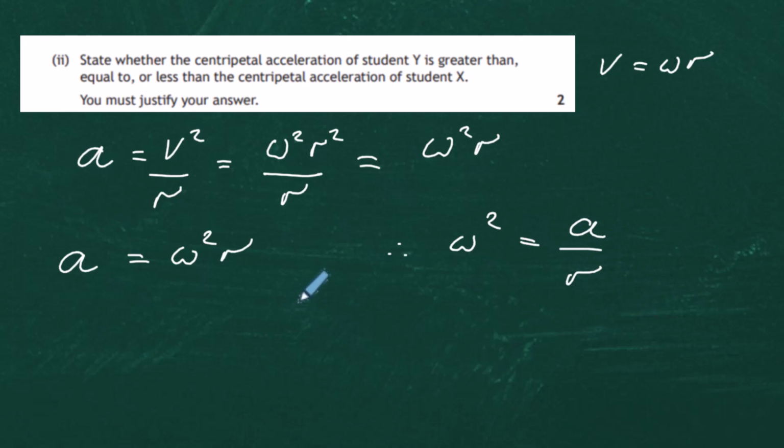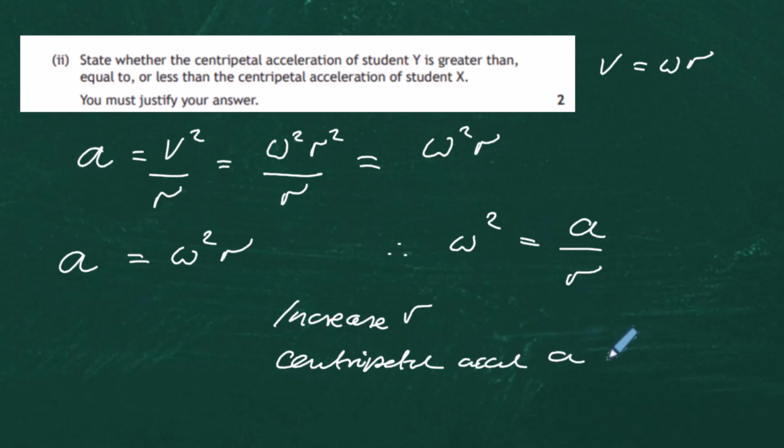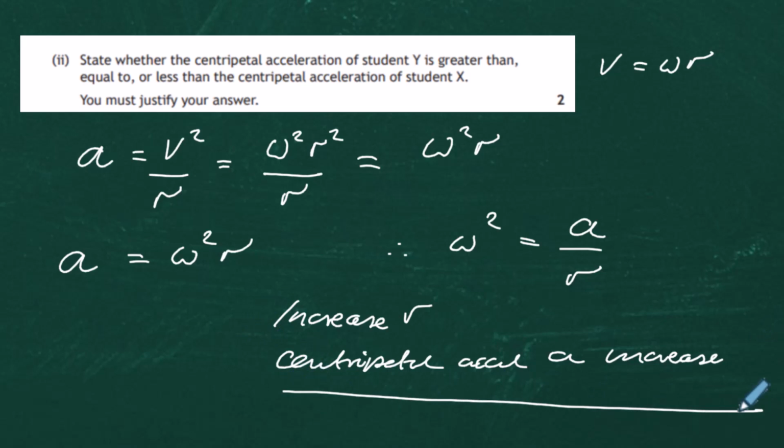If we increase r, the centripetal acceleration a must also increase, because the common thing here is that the angular velocity must remain the same for both x and y, or any position on that rotating disc, which we call the merry-go-round. So if you're further from the centre, to keep the same angular velocity, you must have a bigger centripetal acceleration. The centripetal acceleration, in fact, will increase the further you go out from the centre.